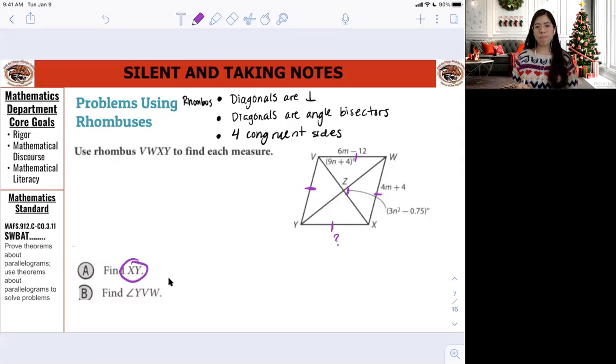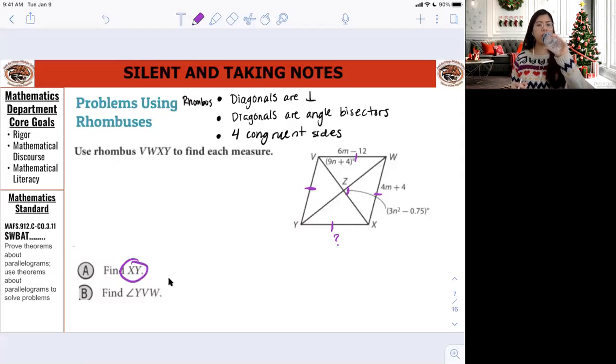And then wait, I have another question. 9n plus 4 is for angle V, right? Angle WVX, yeah. Oh, okay. But that's not relevant. That's not what we're talking about.